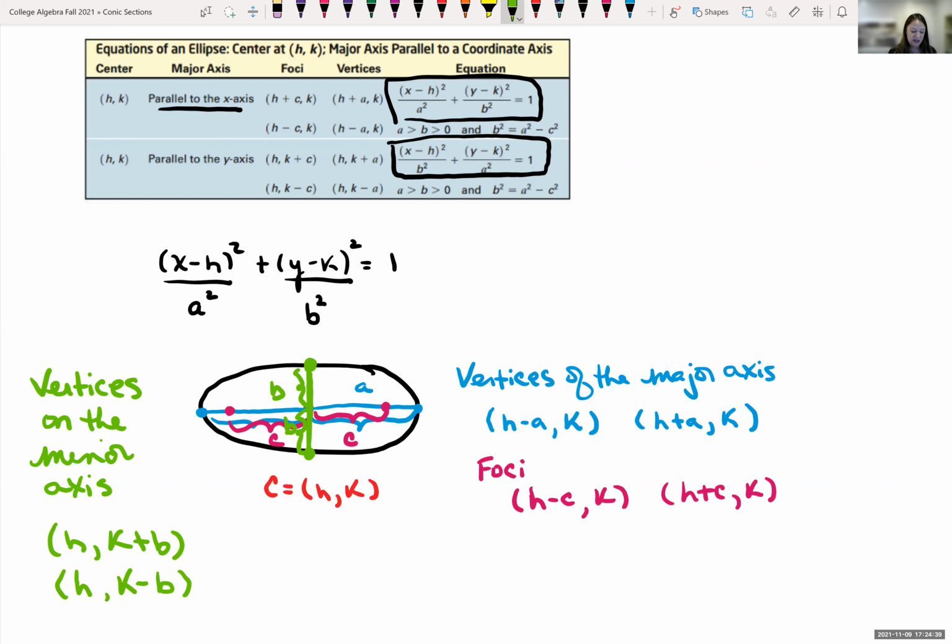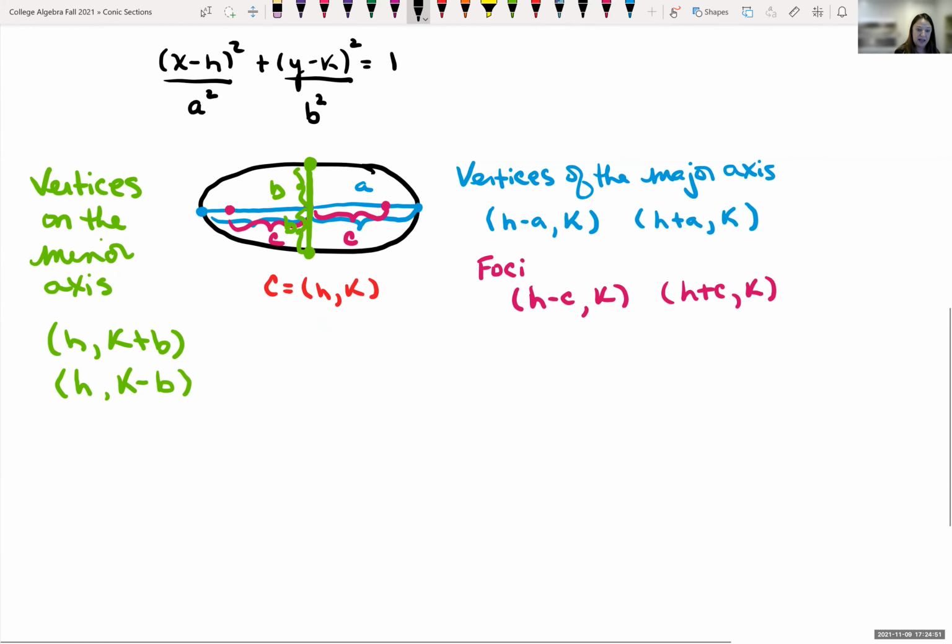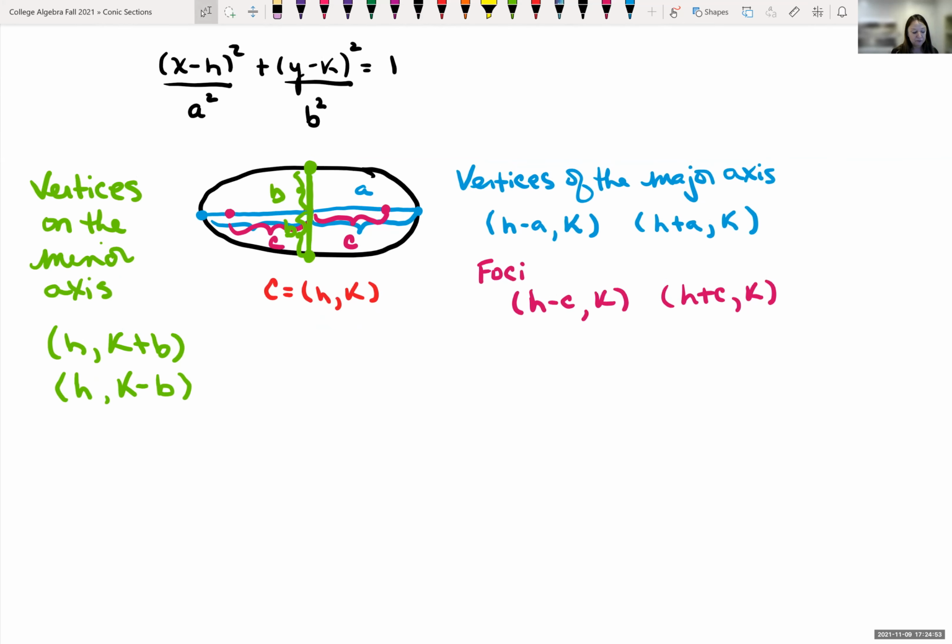Almost identical, but now let's look at it if it's elongated, the major axis is parallel to the y-axis. So if we're looking at that formula, the only difference is that the a value, the bigger number, that a squared is underneath the y terms instead of the x.